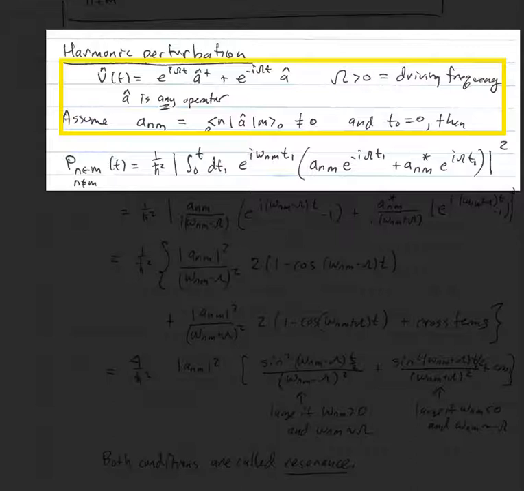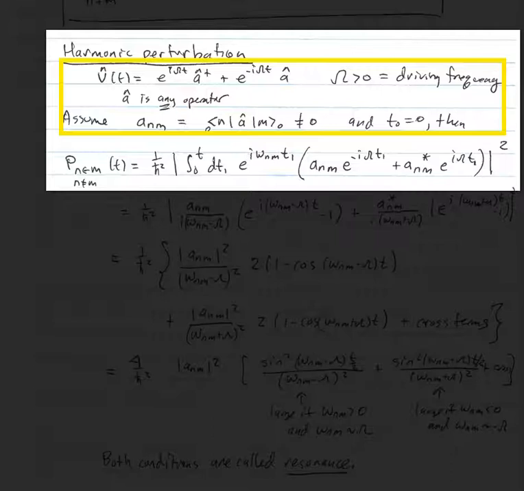When we talked about the simple harmonic oscillator, that was the lowering and raising operator, but now we just think of that as any old operator. And so a harmonic perturbation is just e to the i Omega t a hat dagger plus e to the minus i Omega t a hat, and you can immediately see that that's a Hermitian operator, the sum of the Hermitian conjugates of two terms. And we're going to pick Omega to be greater than 0. We're going to call that the driving frequency.